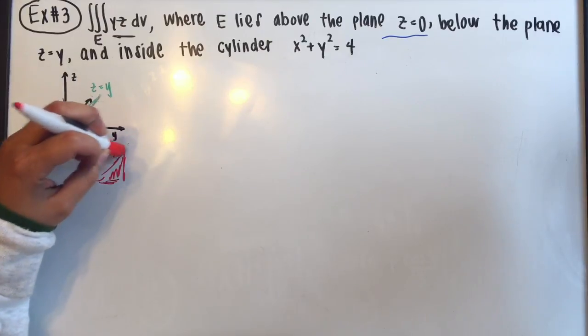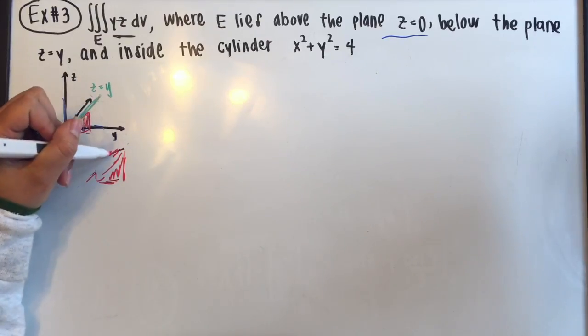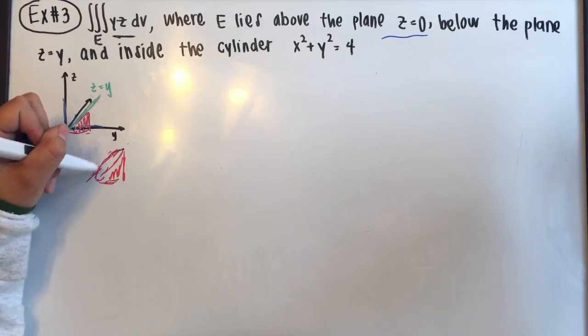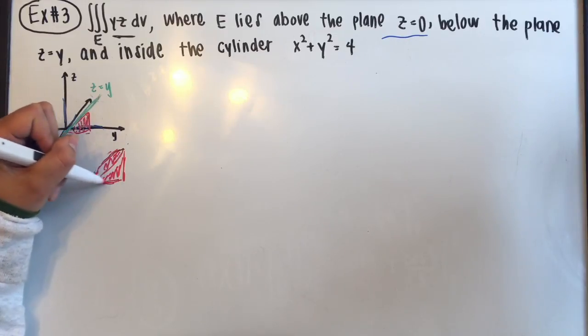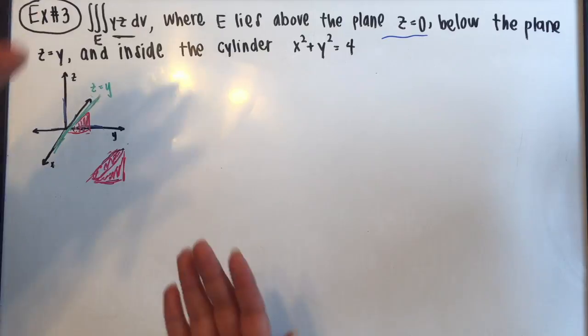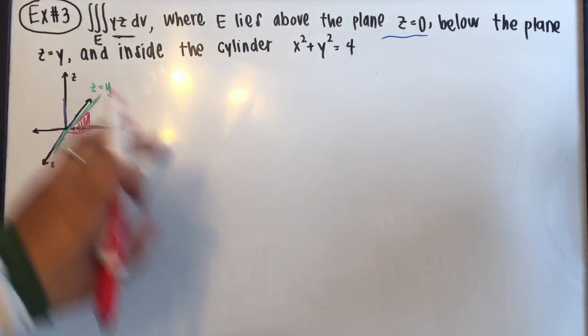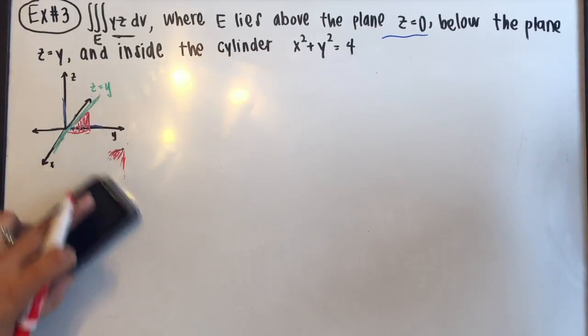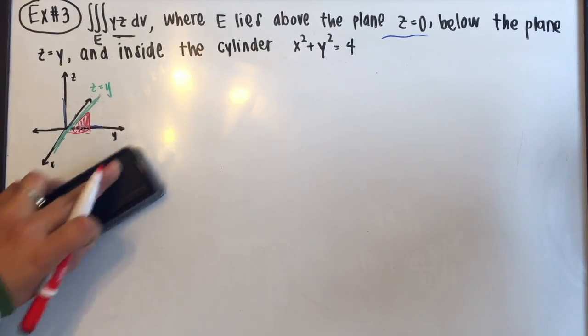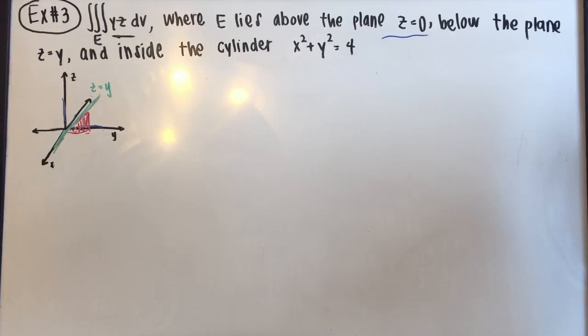Let me erase our plane, so it's going to look like this. Like a cut out cylinder. Okay, so now that we have an idea of what we're integrating from, let's start doing our polar coordinates.